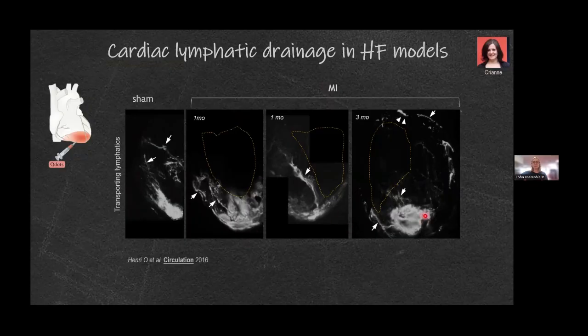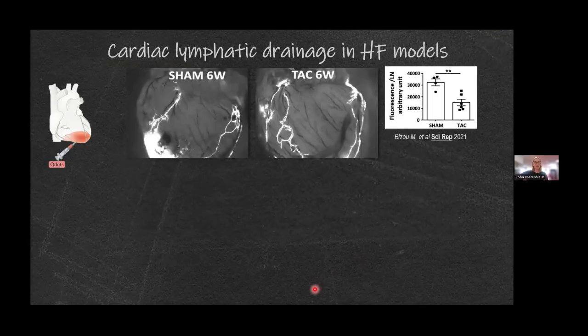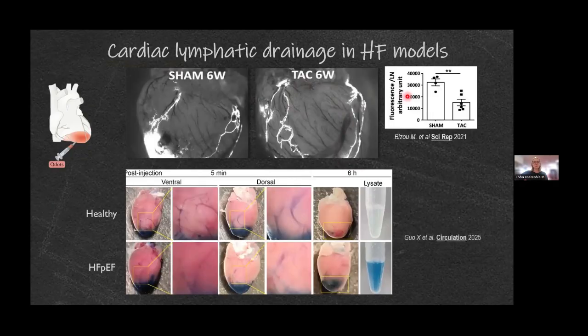Only after around 3 months do we see an increase in the uptake and the drainage towards the lymph nodes, indicating really something long-term as a lymphatic dysfunction following myocardial infarction. Other people have also used this similar approach and found a reduction of lymphatic transport capacity after pressure overload induced by transaortic constriction, or TAC, and also in models of HFpEF, or heart failure with preserved ejection fraction, induced by L-NAME and high-fat diet in mice.